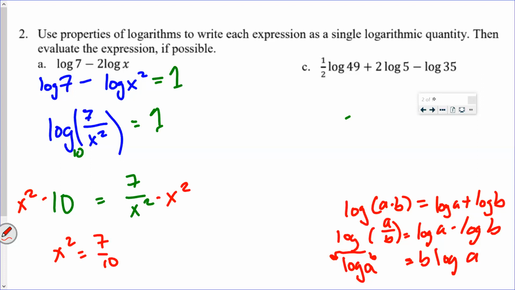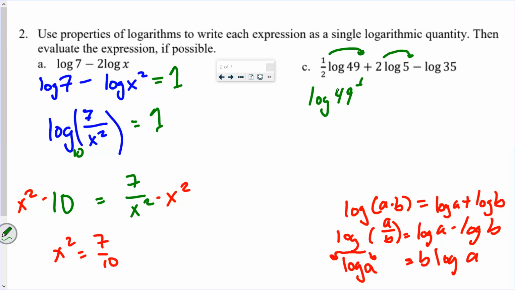So we can set these log problems equal to something, or we might just have you absorb it into one log. So similarly, here I have a lot of coefficients, and I want to move those up into the exponents first. So I'm going to move a 1/2 there. I'm going to make a 2 up there to get it squared. So it's going to say the log of 49 to the 1/2, which we're going to talk about, plus log of 5 squared minus the log of 35.